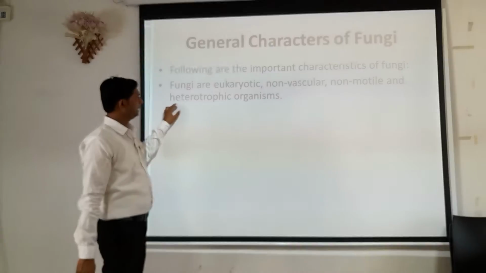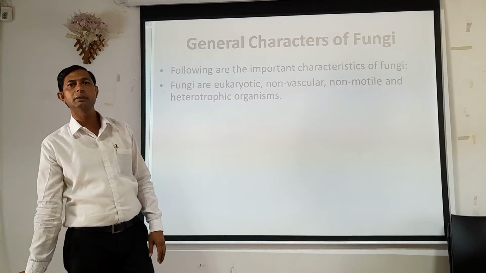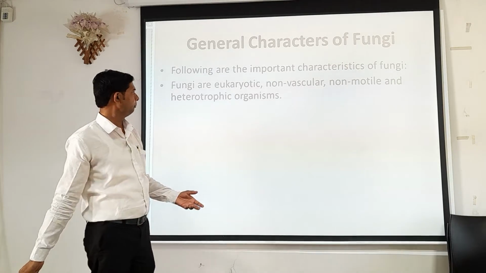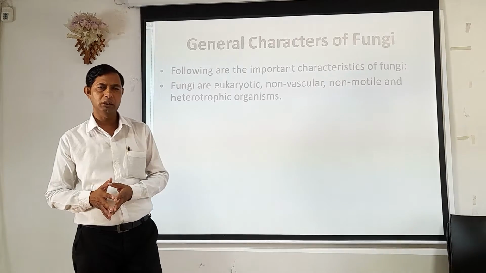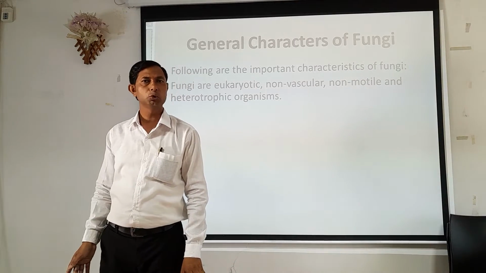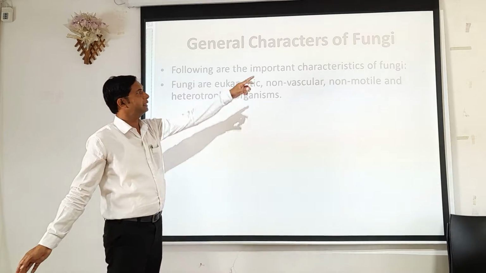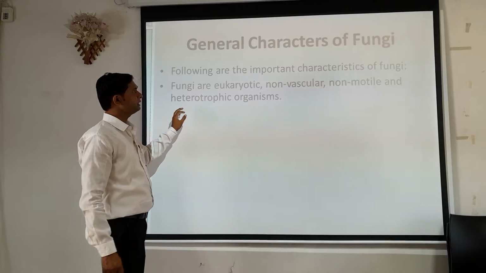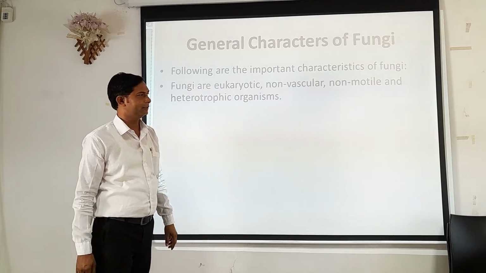On the other hand, heterotrophic organisms cannot prepare their own food. What is the reason? In heterotrophic organisms there is no development of chloroplast. The plastids present in plants are absent in fungi, that is, the chlorophyll. So due to the absence of chlorophyll, fungi act as heterotrophic organisms.